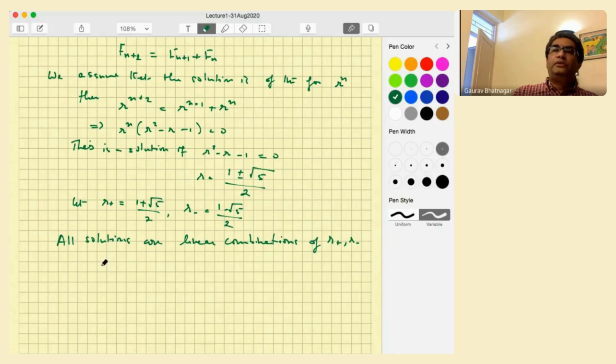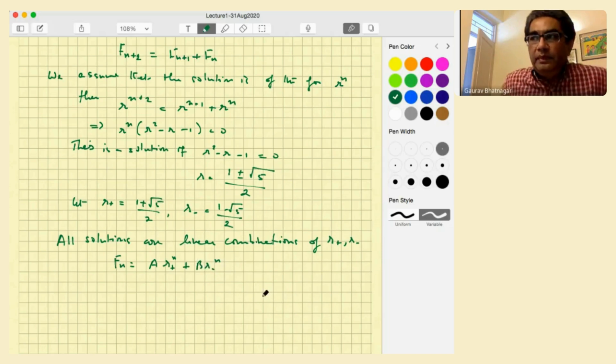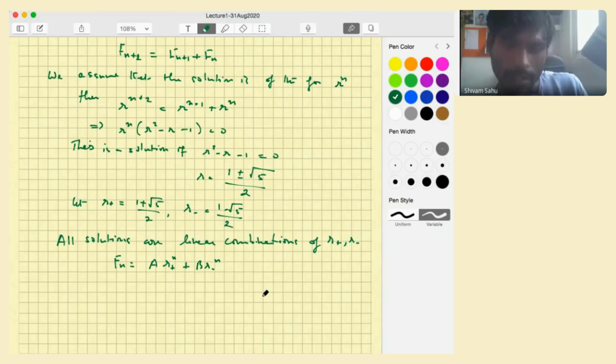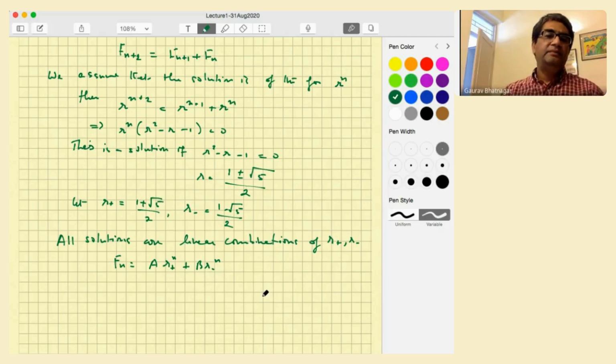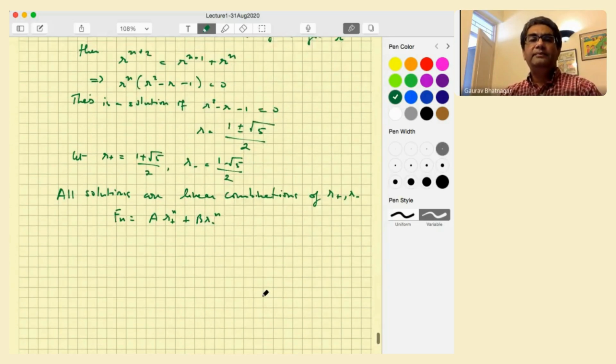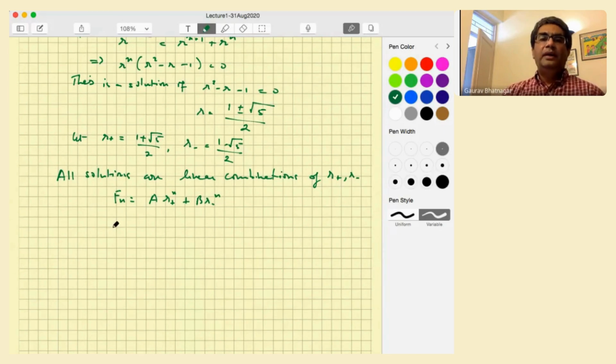So the general solution is of this form. Are these also called, Professor, golden numbers or golden ratio? Yeah, one of them is called that.